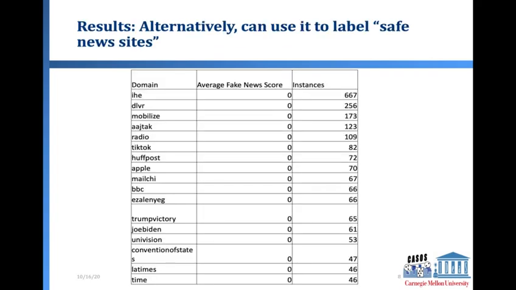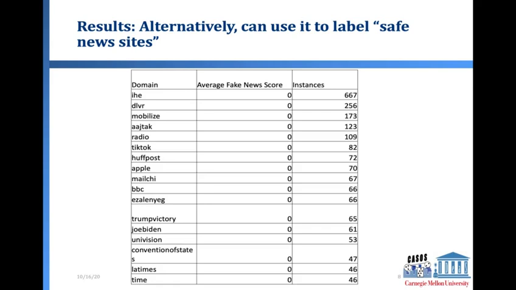But on a more positive side, we can use this algorithm as well to label safe news sites that we view as trustworthy. So these were all of the domains that had a 0 average fake news score, but with many instances of them showing up in the data set. Seeing sites like the BBC, LA Times, and Time is more of a sanity check to prove that this is a more valid way of ranking them.